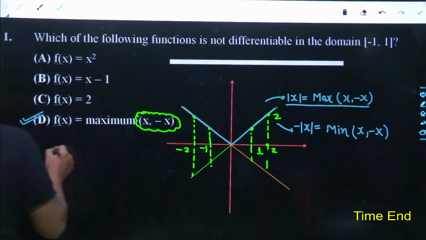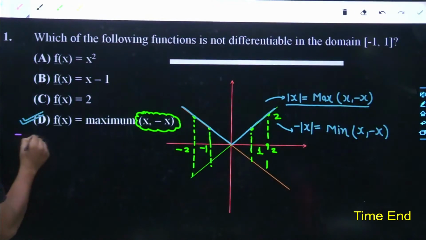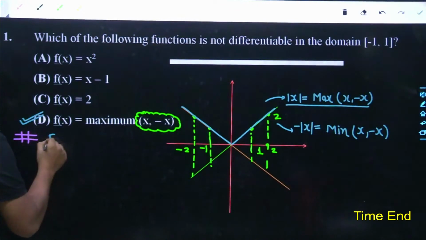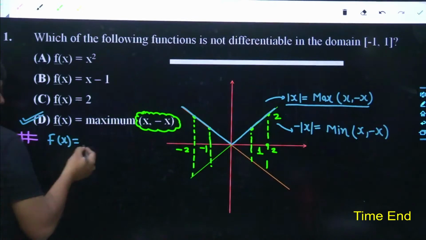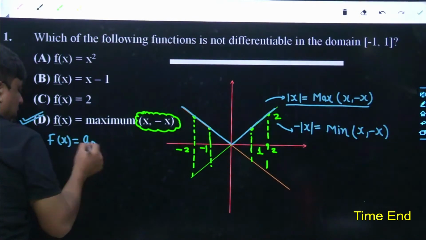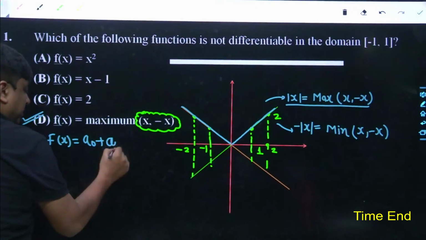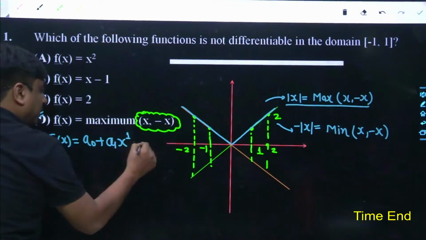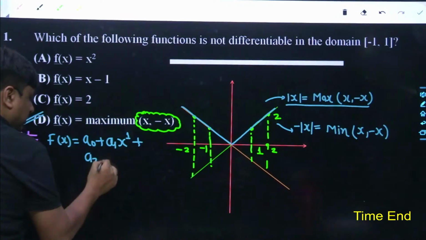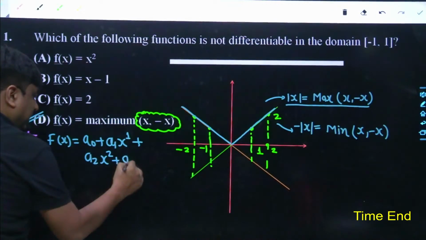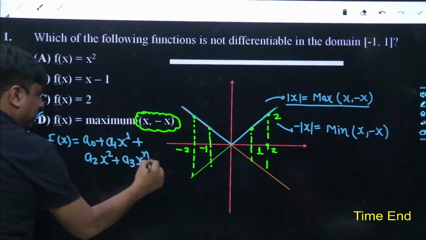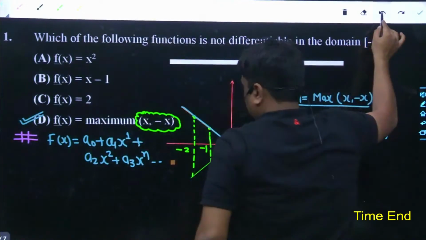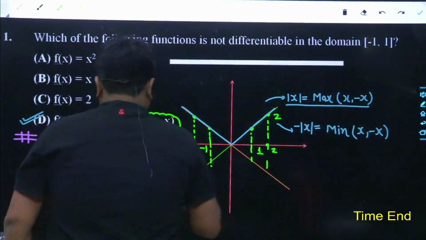The important point to be noted by all of us is about polynomials. The structure of a polynomial used to be like this. It has a constant coefficient, the coefficient of the linear part of the polynomial, x to the power of 1, x2, x square, plus x3, x to the power of n, and so on and so forth. Just a minute. Rather than writing n, I could have written this as x3.